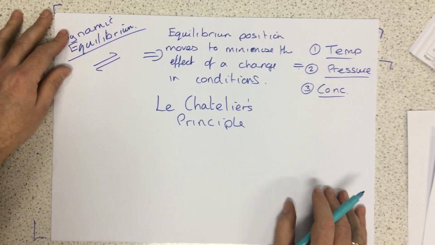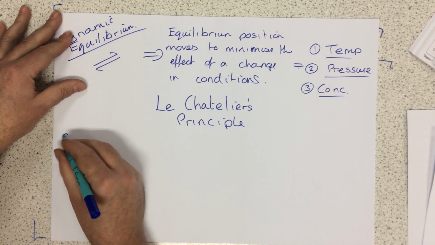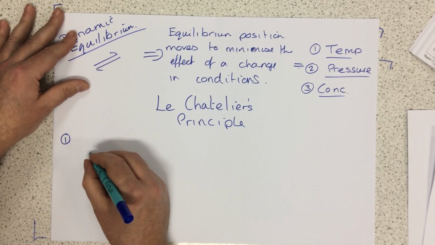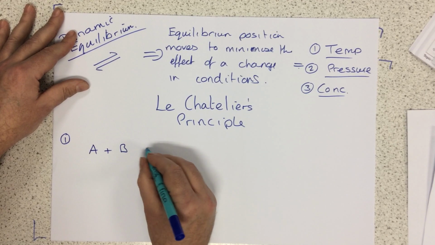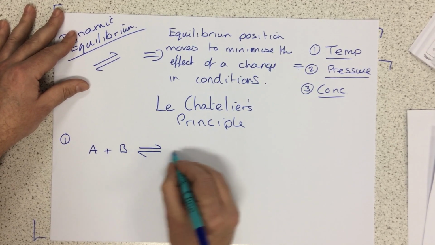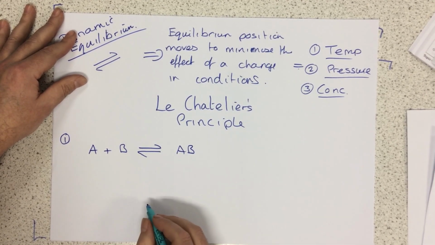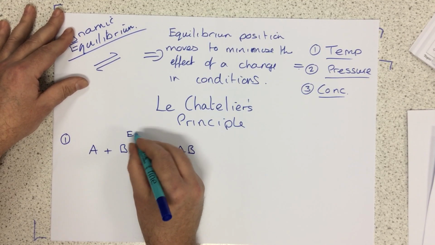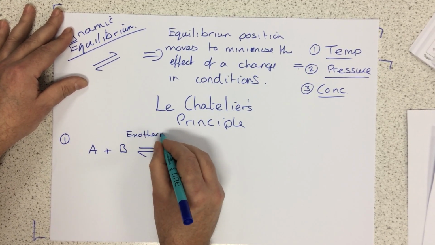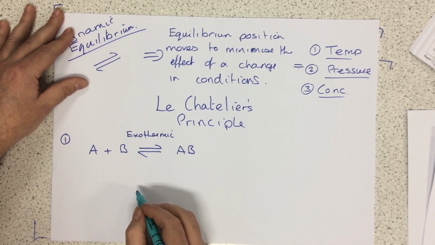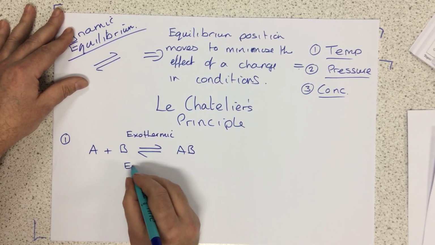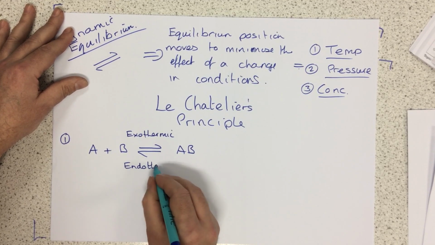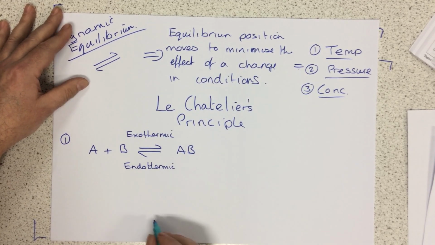If we look at each of these in turn, in any reaction, A plus B going to AB as an example, one direction of this reaction will be exothermic, and in this case, let's say it's the forward reaction, and the other reaction, therefore, will be an endothermic reaction.